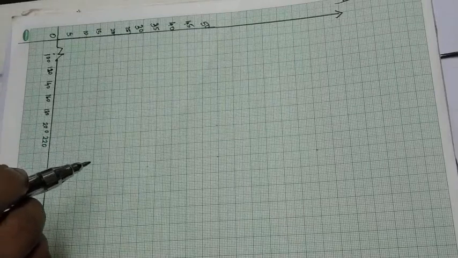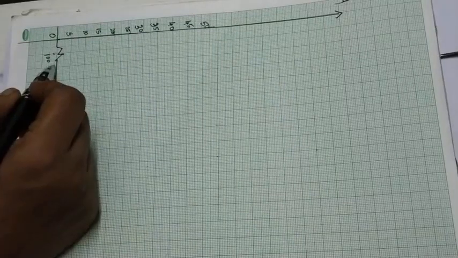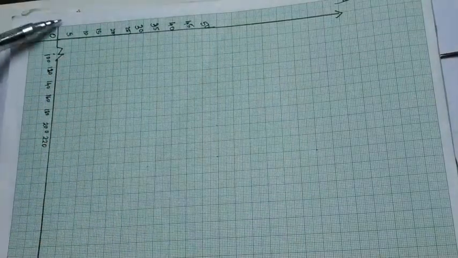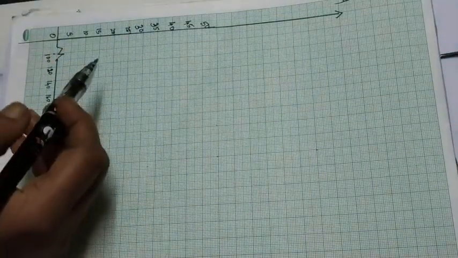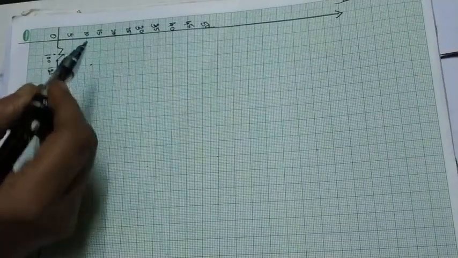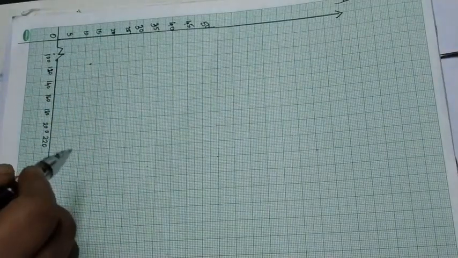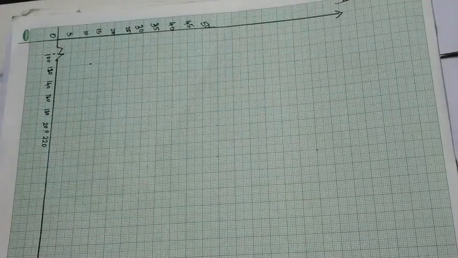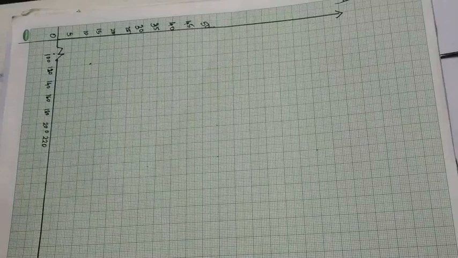At 120, only 12 is there. That means between 10 and 15, 12 comes here, just before the halfway point, 12.5, so just below that you can take a smaller point.